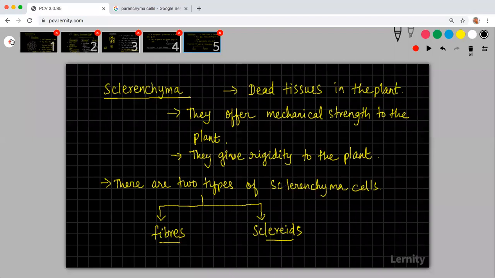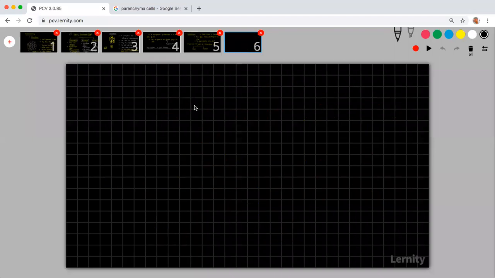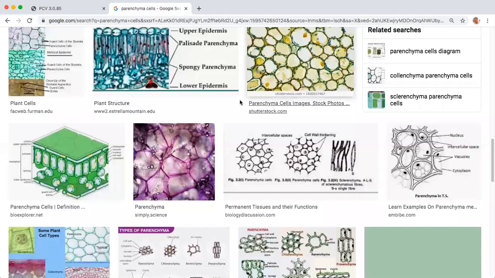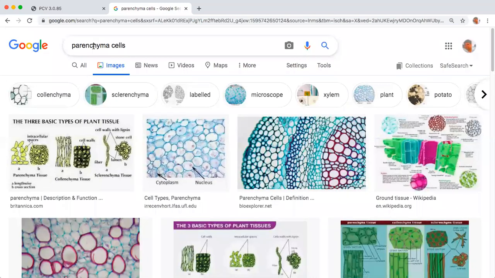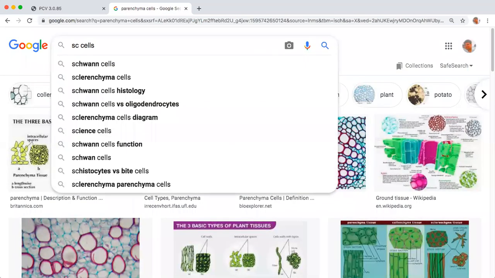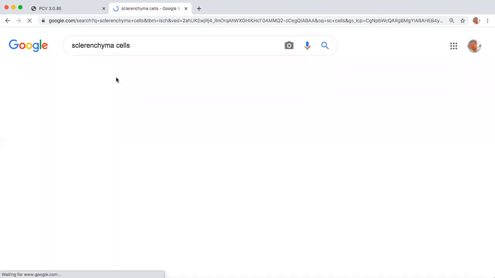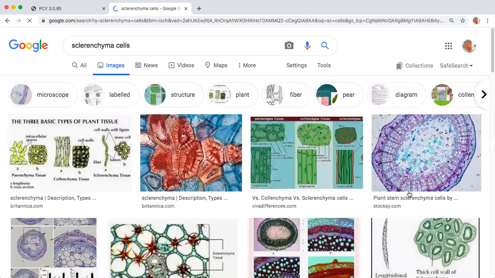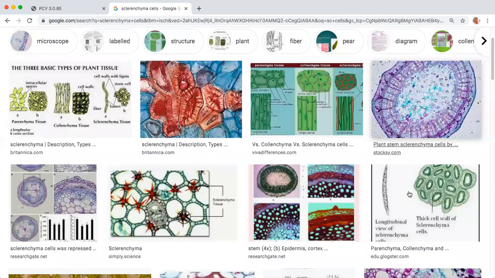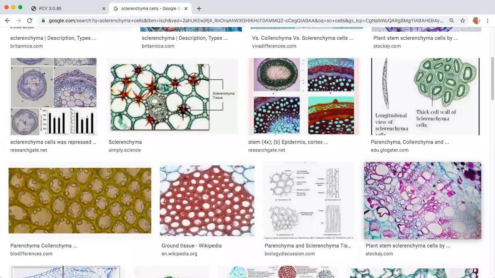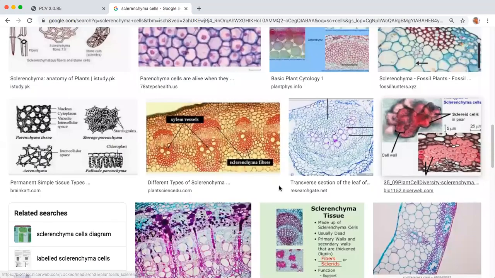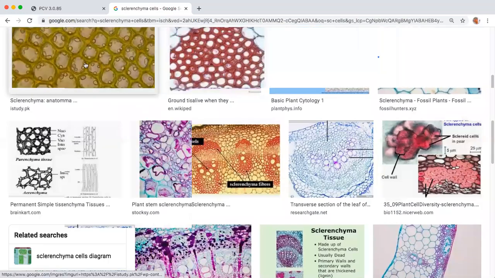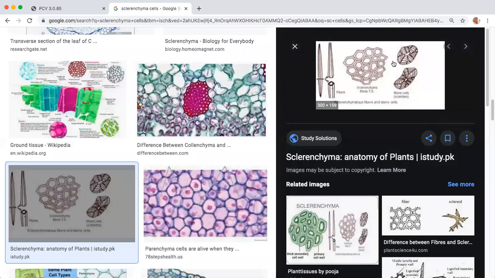Next one, we will try to talk about this fibers. Actually, I'll show you the diagram first before we move on. Wait a minute. Okay.